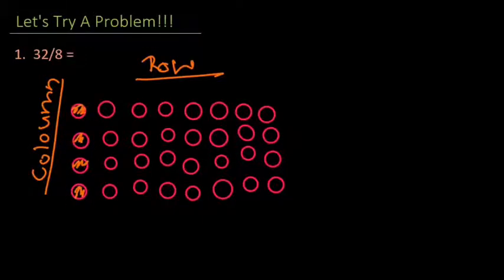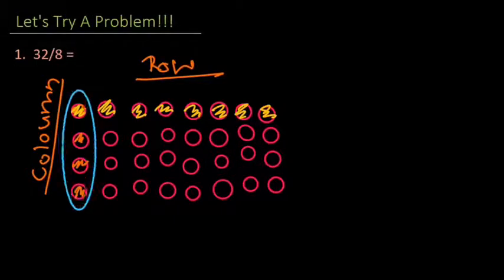Now let's see how many circles are in a row: 1, 2, 3, 4, 5, 6, 7, and 8. The convenient thing in our circles over here is that there are 8 circles in the row. That means we can easily group this into 8 different groups. That is our benefit in this specific graph.